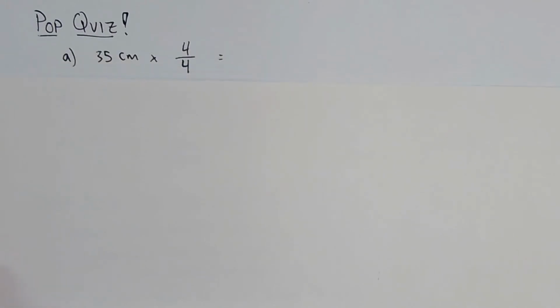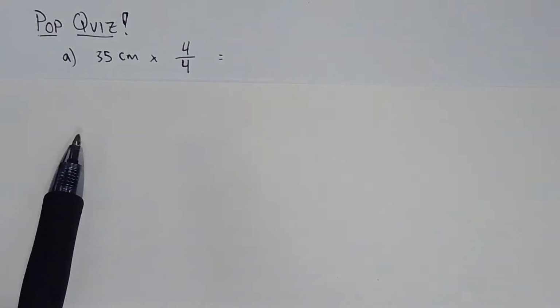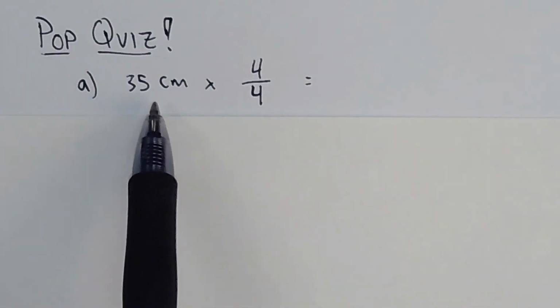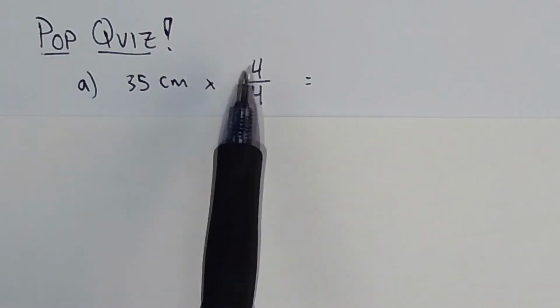Question number one. Hopefully you take a look at this and recognize that we've got an initial measurement. A measurement has a number and a unit, and we're multiplying it by the quantity 4 over 4.